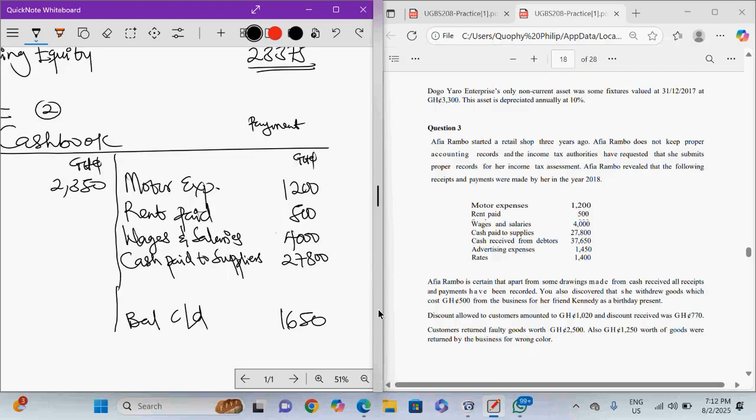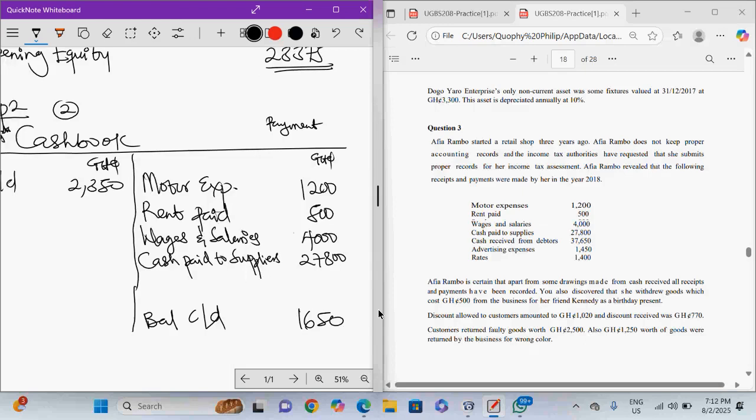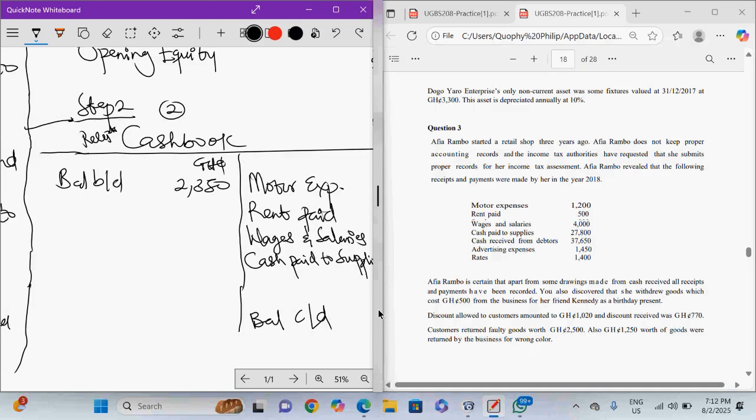Will it be at the payment side or at the receipt side? Receipt side. Yes. So cash received from debtors. What is the amount? 37,650.